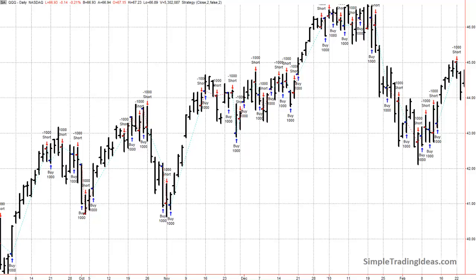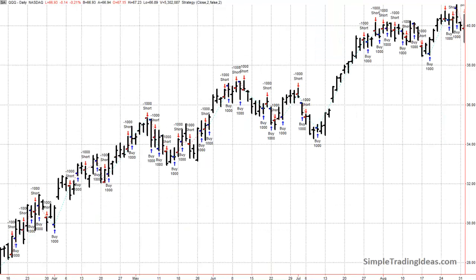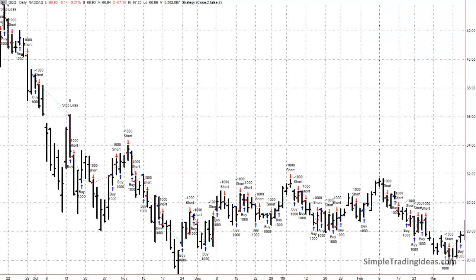We're in and out of the trades pretty quickly, and that, in this particular case, doesn't give us many opportunities to actually reach a stop loss of that particular size, which is $2 per share, which is why I scrolled back.